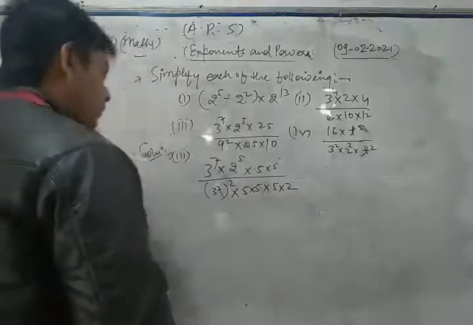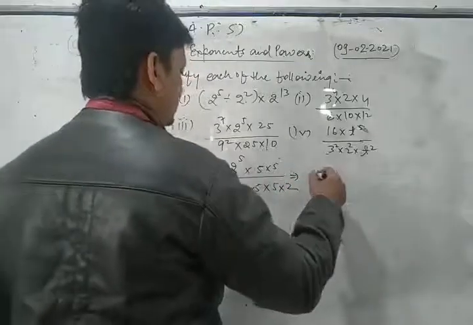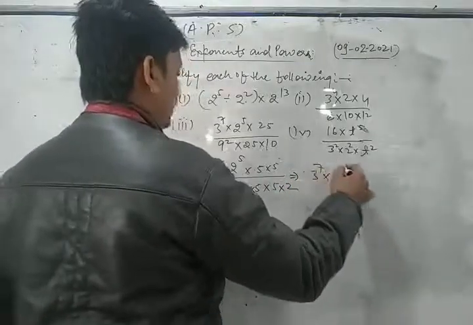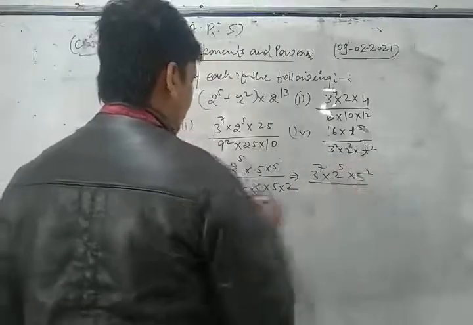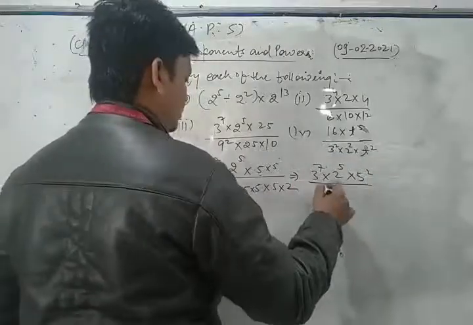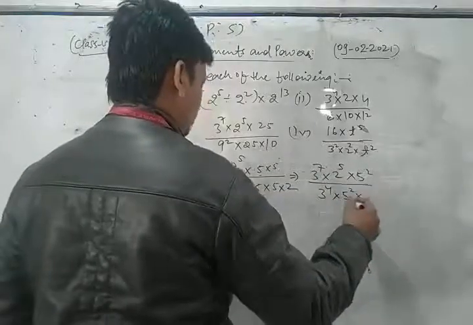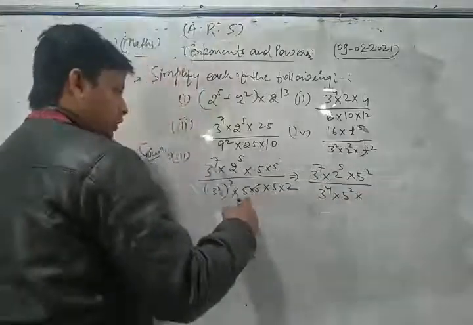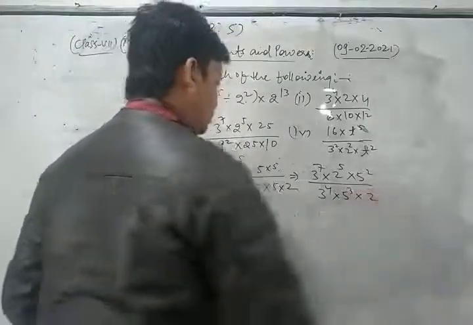We write as 3 power 7 into 2 power 5 into 5 power 2, upon 3 power 4 into 5 power 2 into 5 power 3 and 2 power, right, as it is.